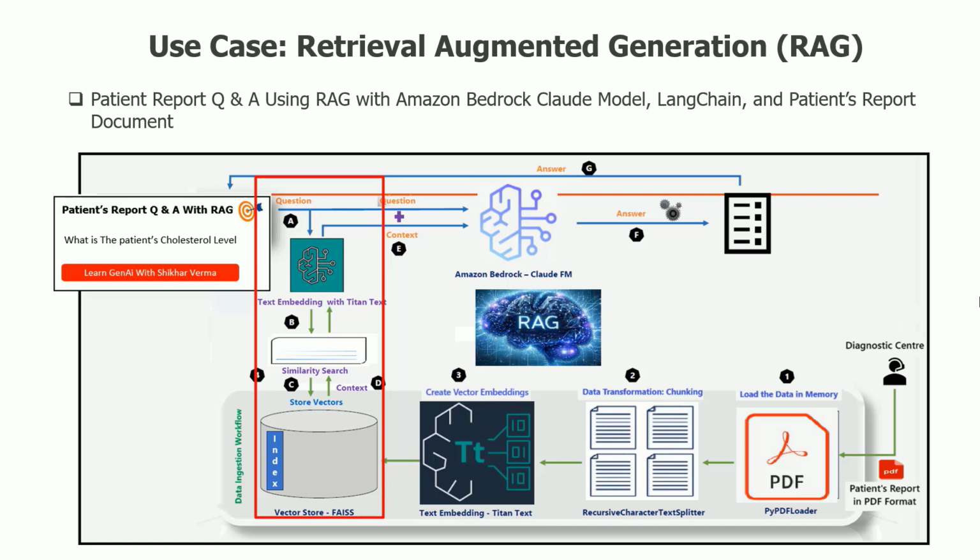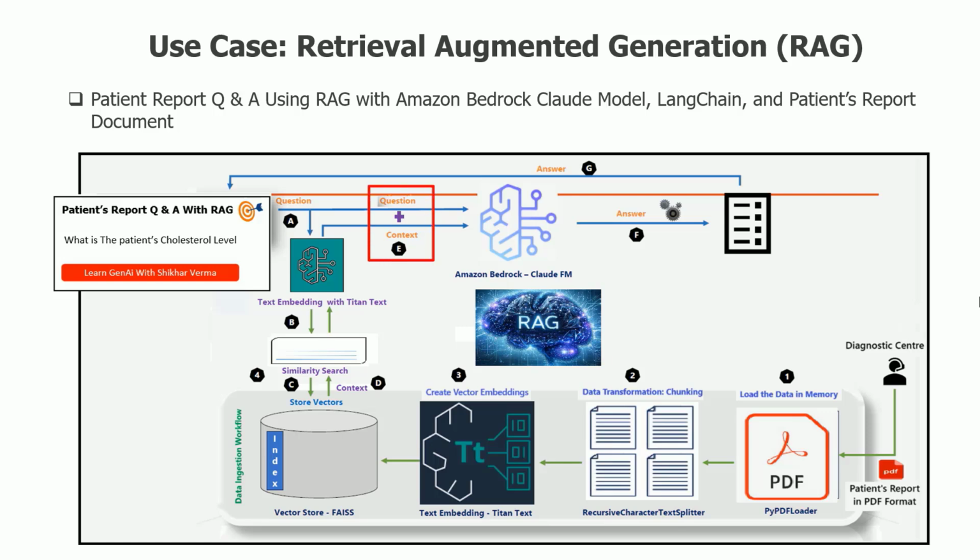Now step number 6, the system is going to combine the user question, that is what is the patient's cholesterol level, with the retrieved text chunks to create a query which is enriched with context. Now what is step number 7?